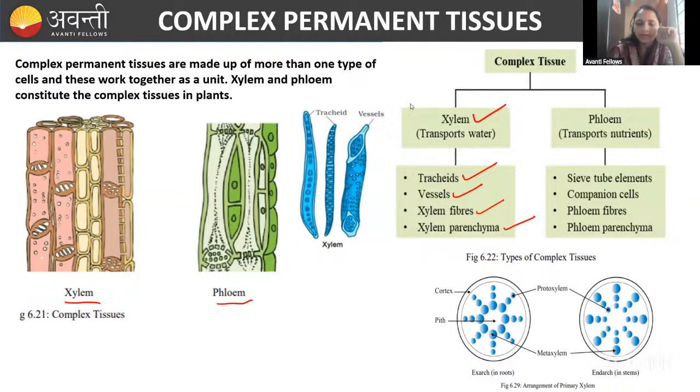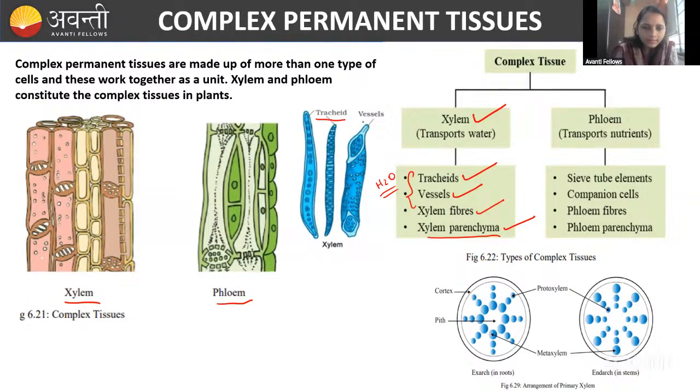Okay, fine, I will tell you. The main water conducting cells are the tracheids and vessels, guys. Xylem fiber mainly gives the strength and support. And the xylem parenchyma, we already know, helps in the storage of food.